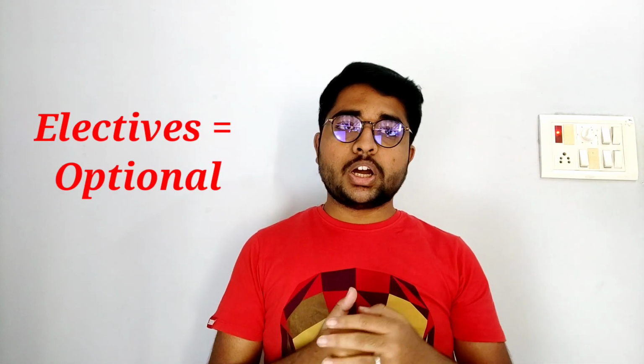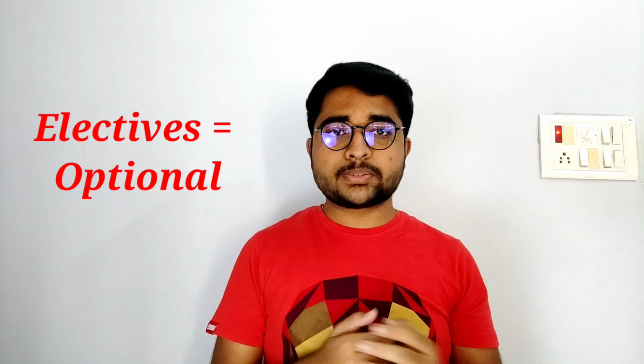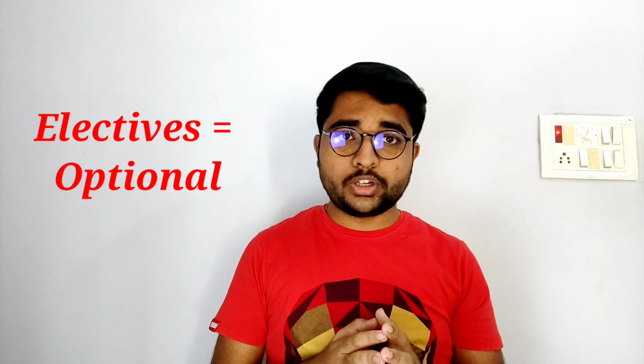Now there are some electives in which you have a large variety of subjects from which you can choose according to your interest. For example, for your discipline elective, you have 12 credits, but there may be 20 to 30 subjects in discipline elective, and you can choose 3-4 subjects from it to complete your 12 credits.